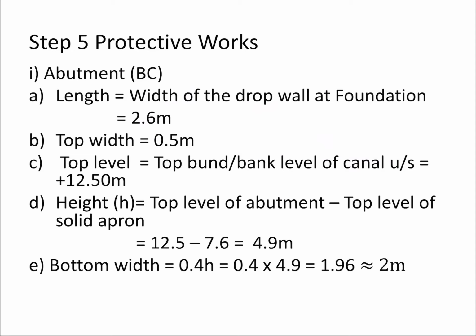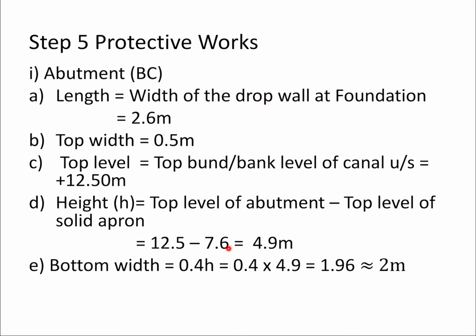Top width of the abutment is taken as 0.5 meter. Top level of the abutment will be taken as top level of the bank level, which is given in the question at upstream side 12.5 meter. Then height is given. Height will be equal to top level of the abutment minus top level of the solid apron.